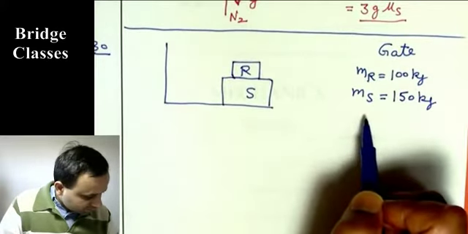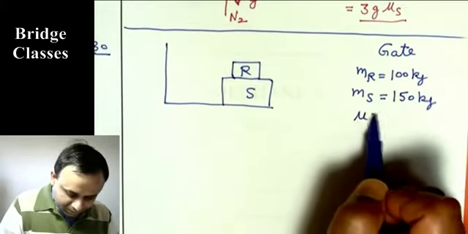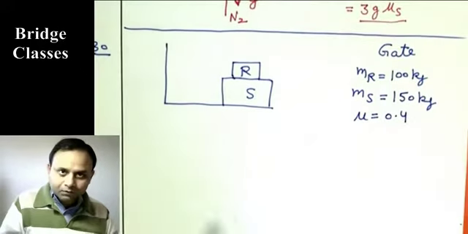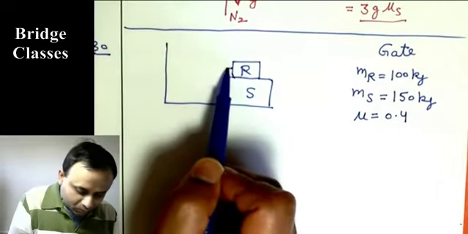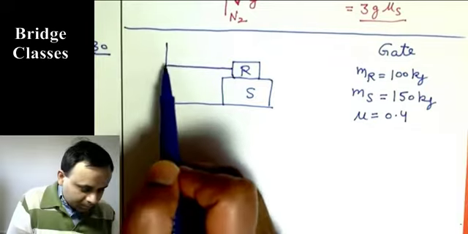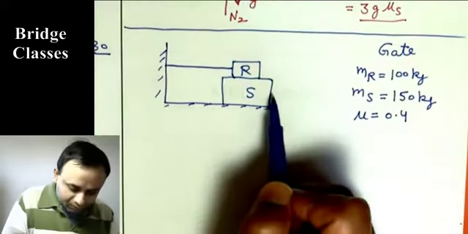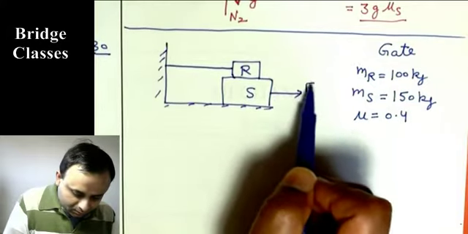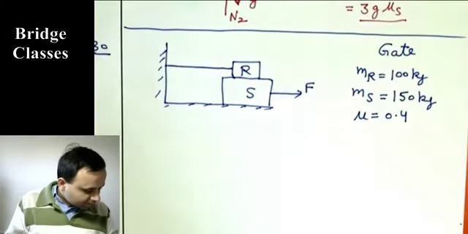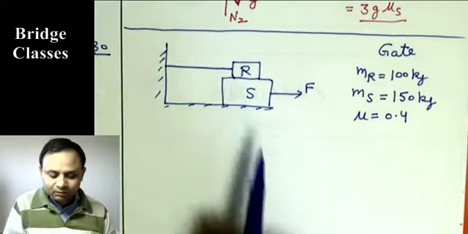And friction between all surfaces is 0.4, the coefficient of friction, and there is a rope attached here. This thing is fixed, and a force F is applied to this. We have to determine minimum F so that this body moves.